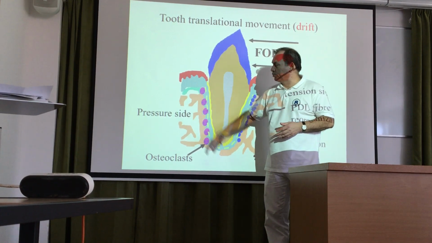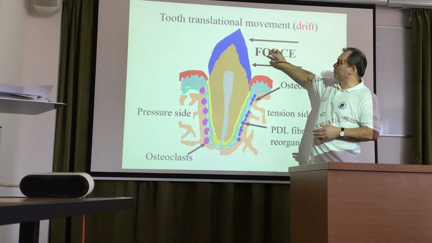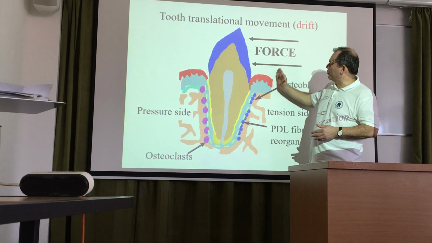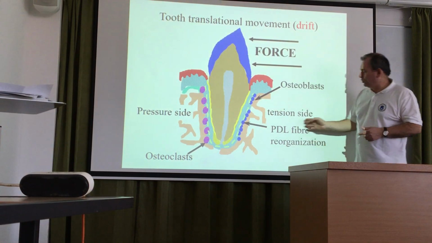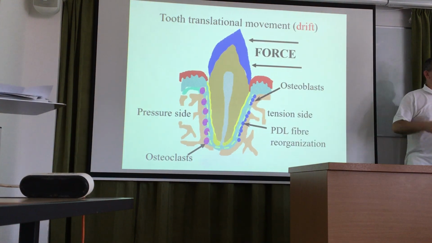So this will be the pressure side, the opposite side of the active force, and the side of the force application will be the tension side, where the periodontium is dilated.